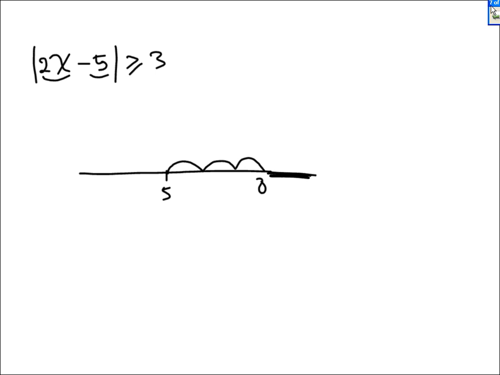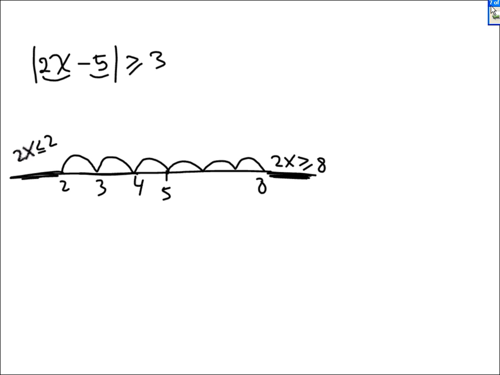That is, 2x can be greater than or equal to 8. Or you can go more than 3 units to the left. 1, 2, 3, and then more. 4, 3, 2. So 2x must be less than or equal to 2.